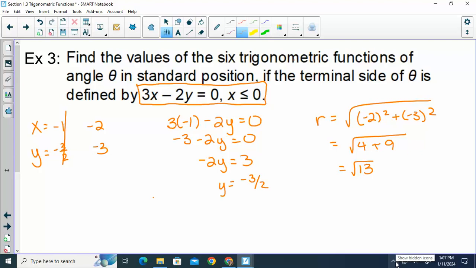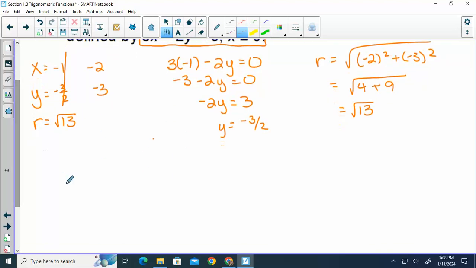Can we write down the square root of 13? No, so we're just going to leave it. Alright, so now we have x, y, and r. So sine is y over r. So that's -3 over the square root of 13.